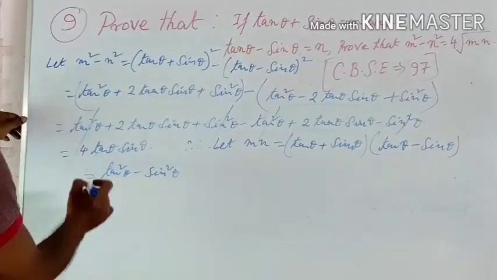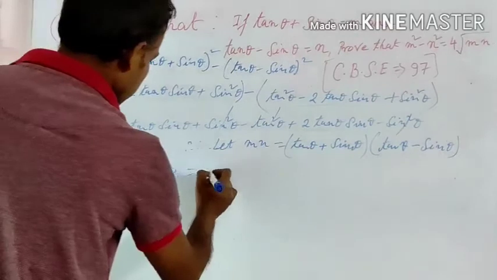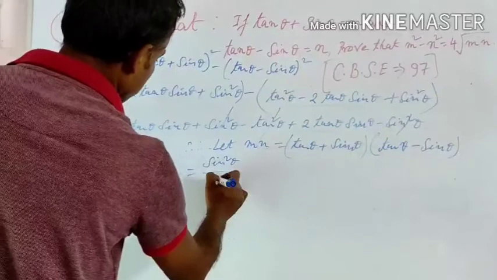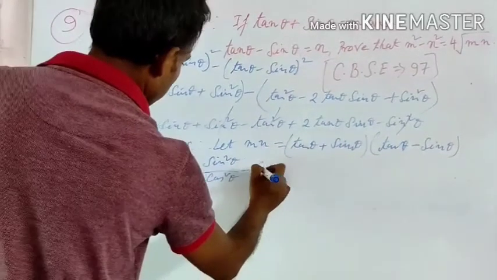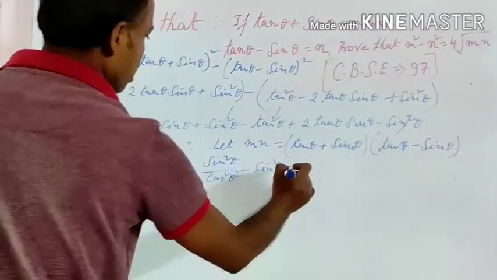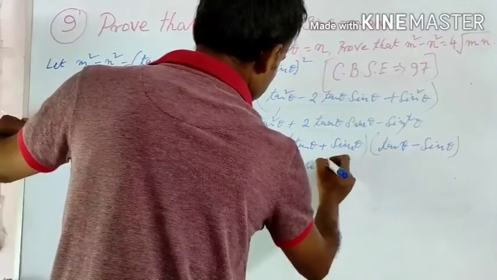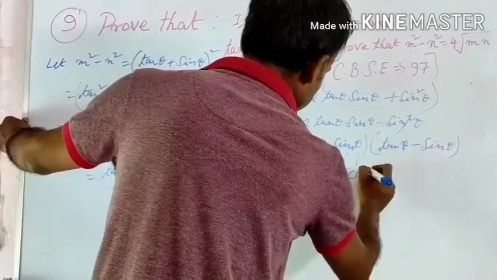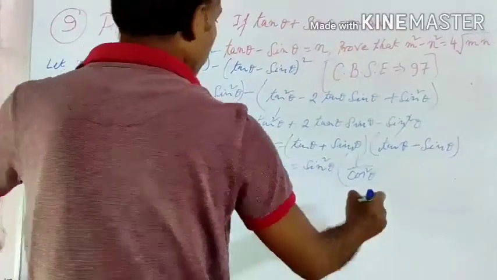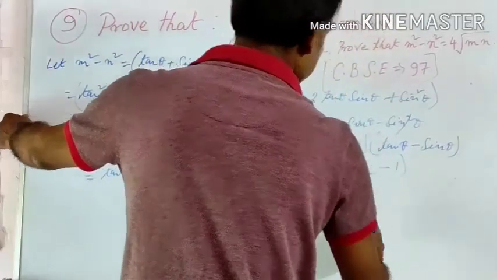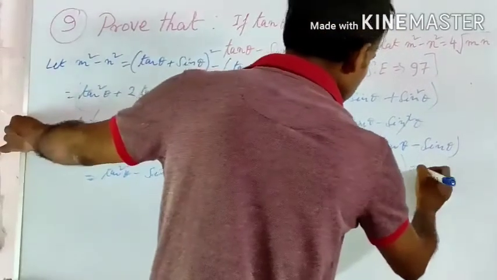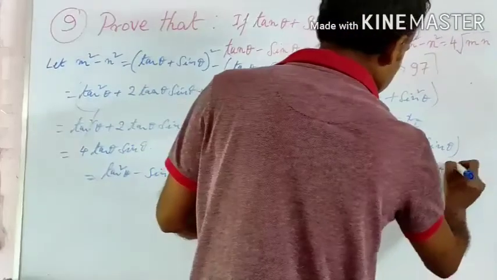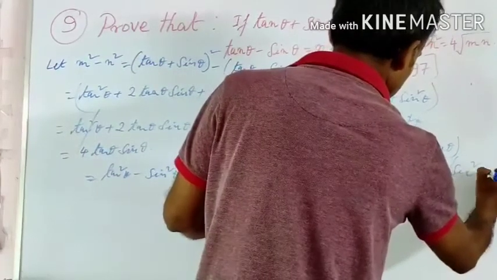So again we know that tan square theta is equal to sin square theta by cos square theta minus sin square theta. So take common sin square theta, and this will be 1 by cos square theta minus 1, right, is equal to sin square theta into sec square theta minus 1.